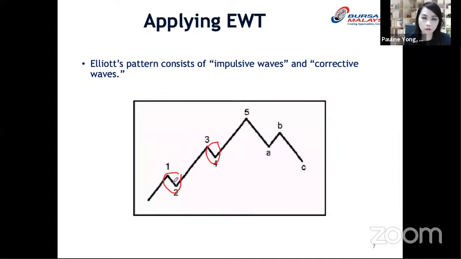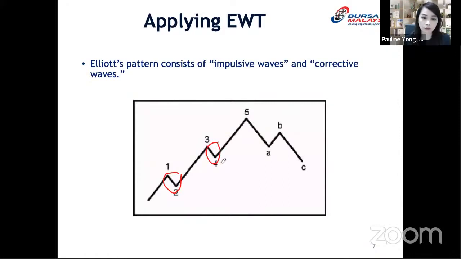So that is the rule of alternation. Later we will look at the different types of correction patterns. The rule says that if you have flats here, horizontal flats, you mustn't see a horizontal flat here. You must see a zigzag wave here. So that is what the rule says.